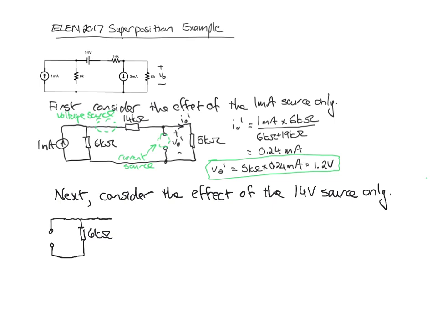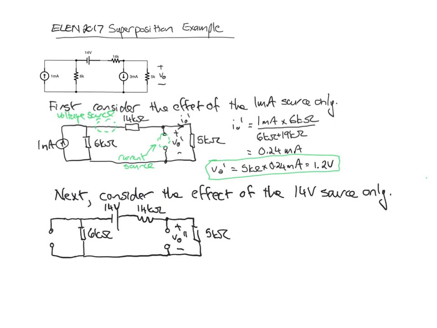We've got the 14 volt source, the 14 kilo ohm resistor, the 3 milliamp source has been open circuited, and here we have the 5 kilo ohm resistor, and we're going to call this VO double dashed.